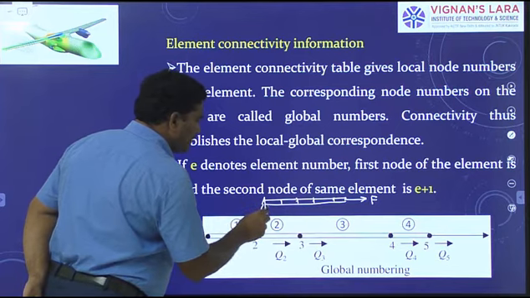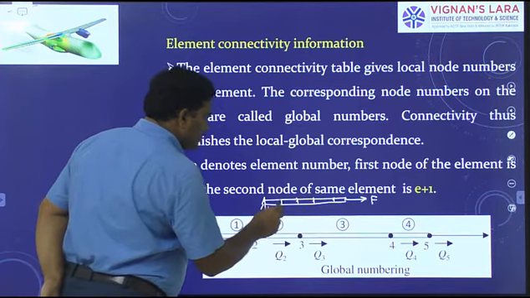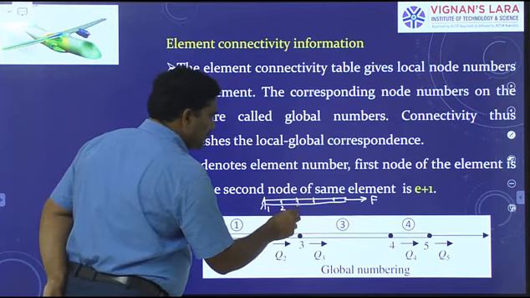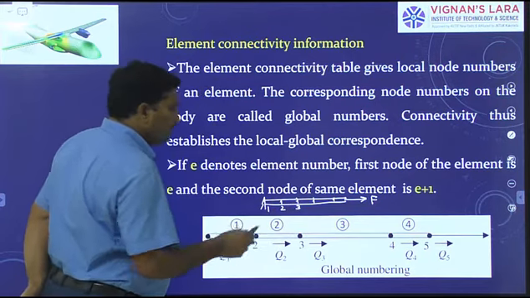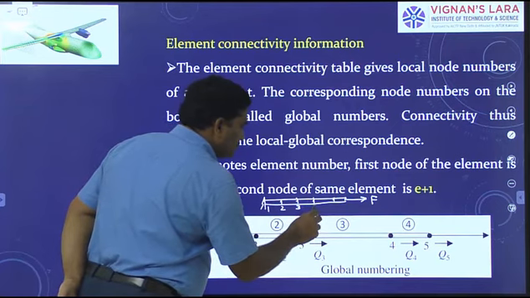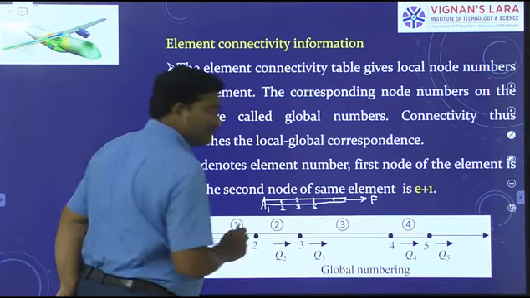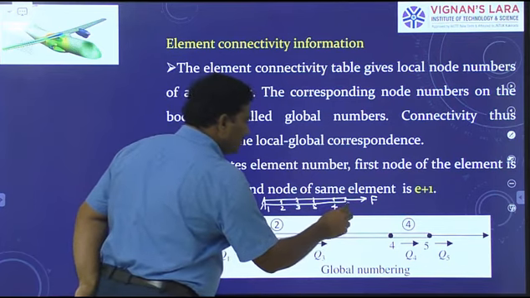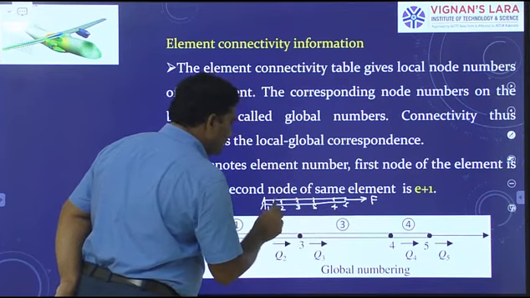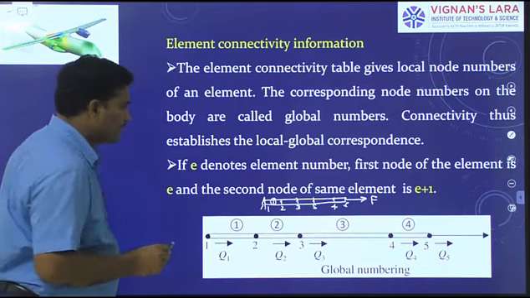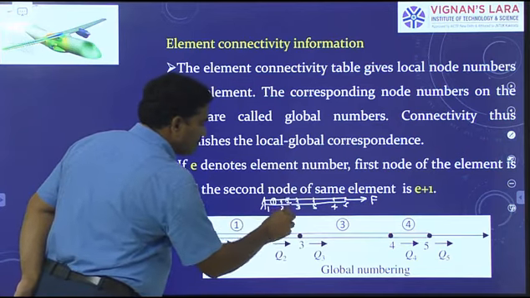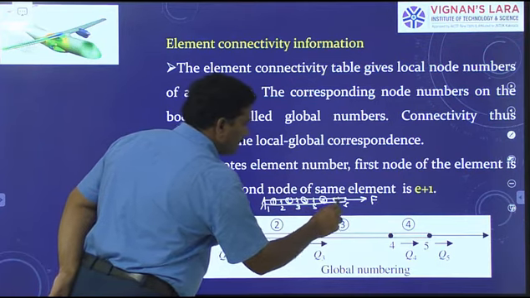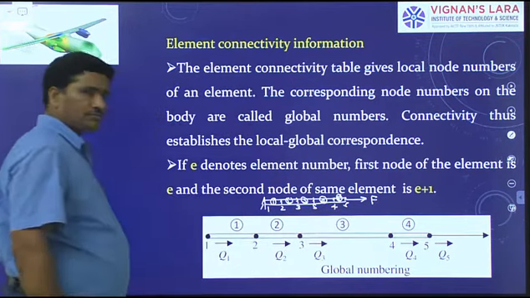This is numbered say 1, this is numbered say 2, this is numbered say 3. If you give say 5 to this, then this becomes 4, this becomes 6. This is element 1, this is element 2, this is element 3, this is element 4 and this is element 5.